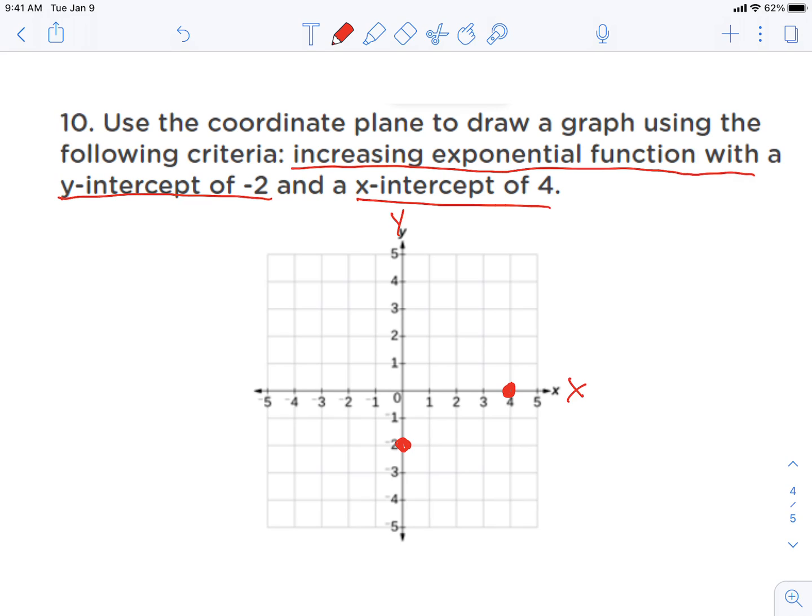So it's going to look something like this. It starts going up, and then it just goes up and up and up. We put arrows on both sides because it's continuous on both sides. So that would be what it looks like. It's increasing, it's exponential, it has the y-intercept at negative 2 and the x-intercept at 4.